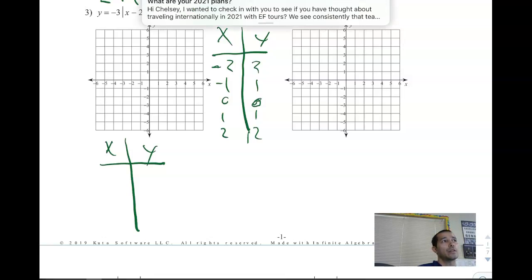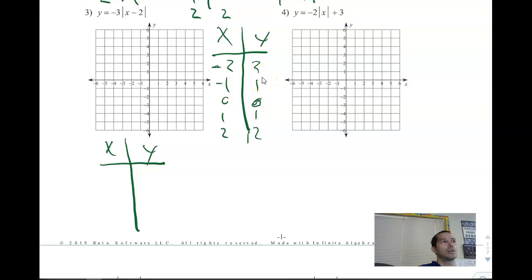That moves the graph to the right 2. So if I move the graph to the right 2, then I'm going to be adding 2 to all the x's: 0, 1, 2, 3, 4. I added 2 to all the x's, okay? And then negative 3 multiplies all the y values by negative 3. So I'm going to get negative 6, negative 3, 0, negative 3, negative 6.